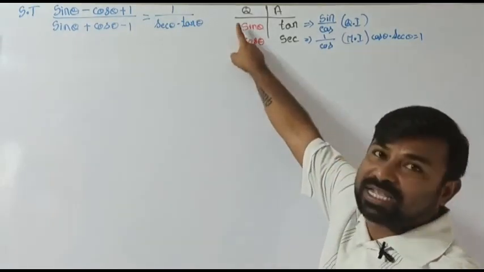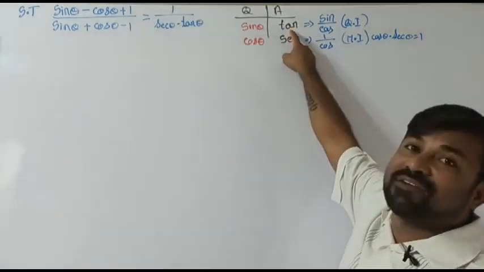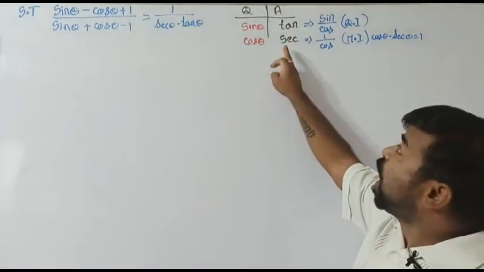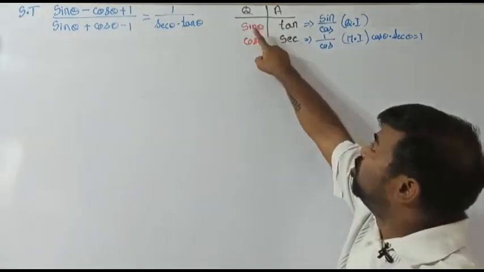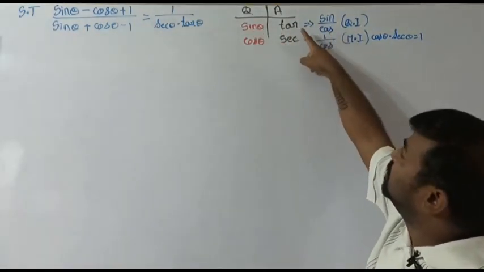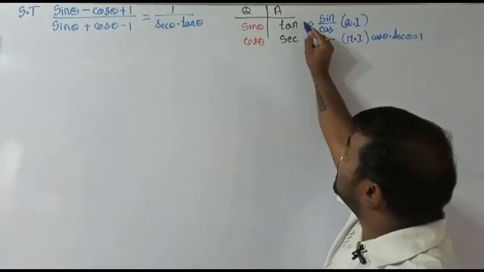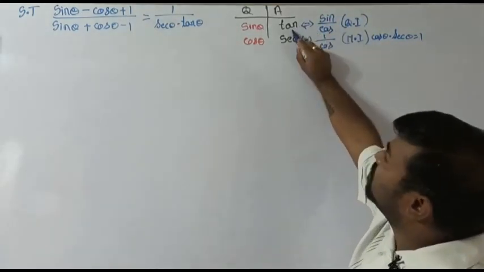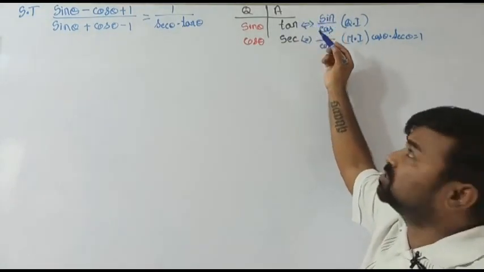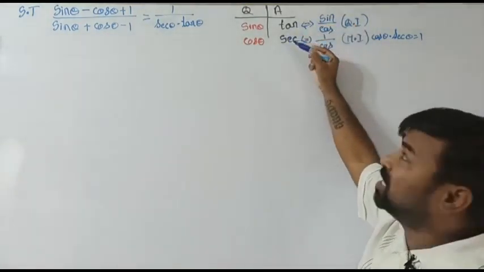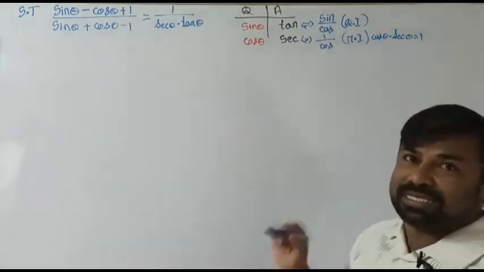In the question we have sine and cos; in the answer we have tan and secant. Sine by cos is nothing but tan. This is the identity. In the same way, 1 by cos is nothing but secant.